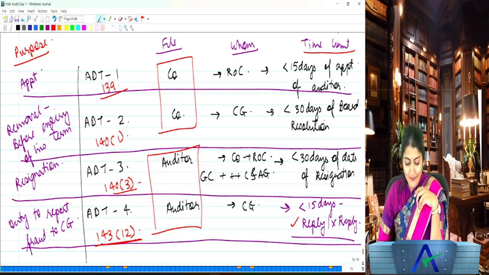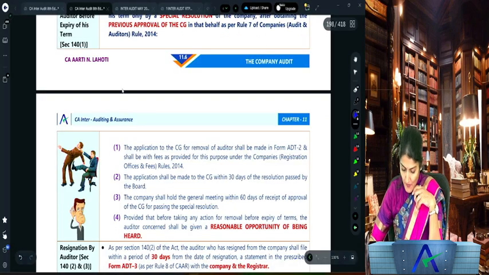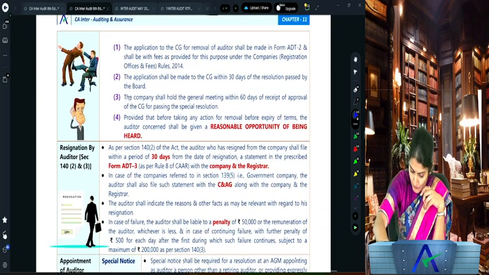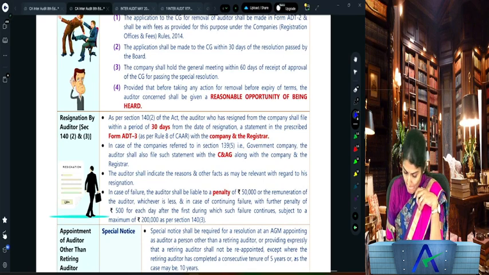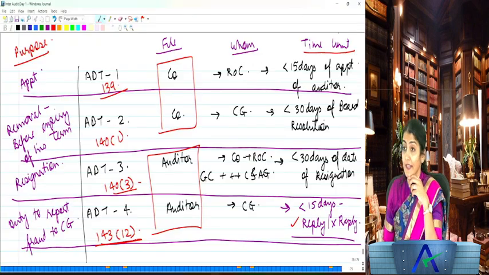Chalo, chalo, written. Written, everyone?